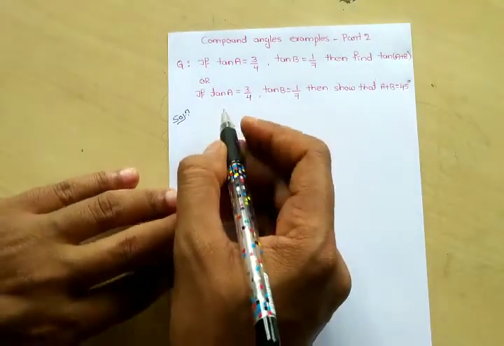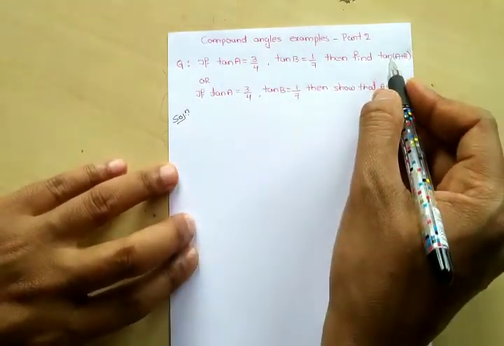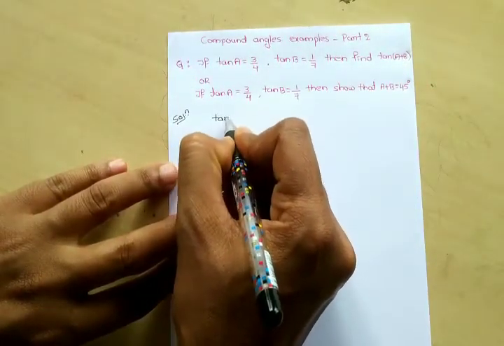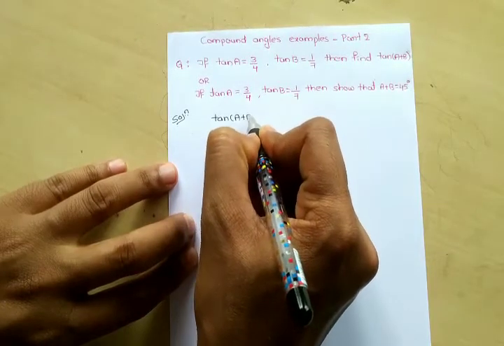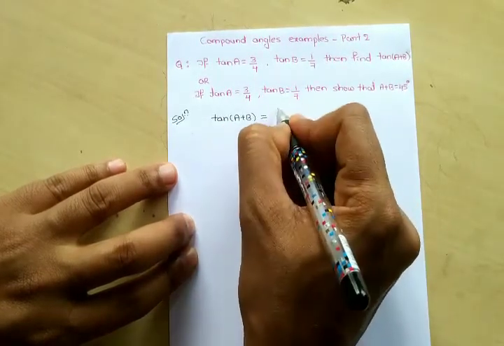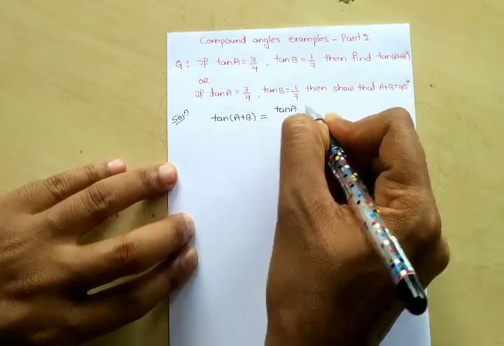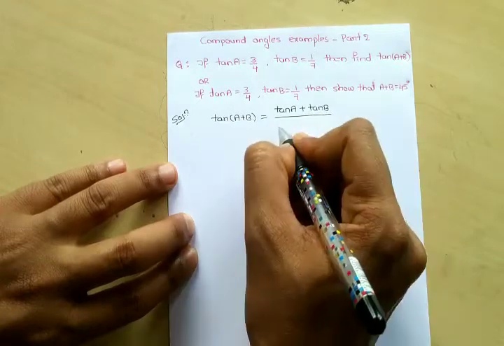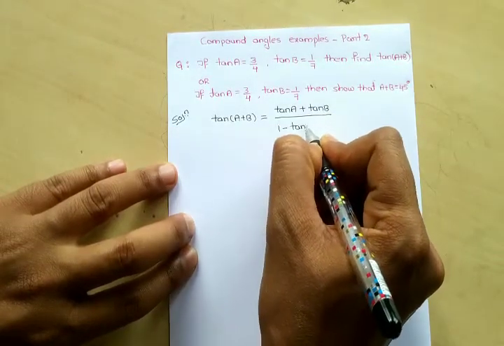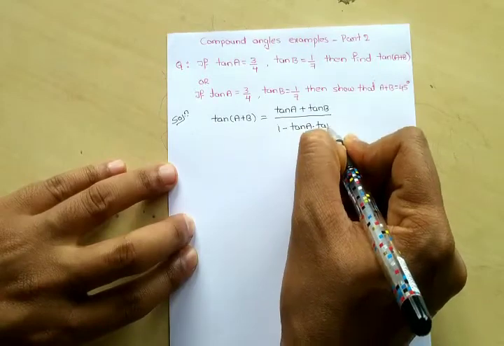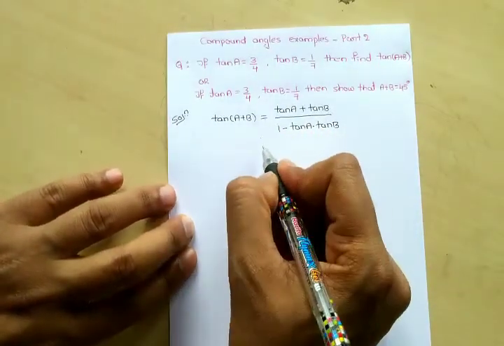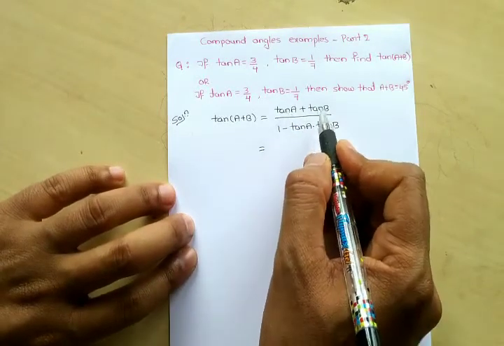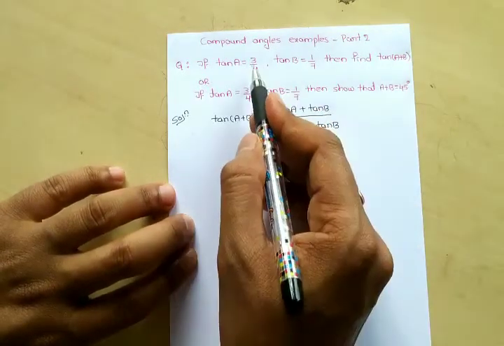So first you need to apply the tan(A plus B) compound angle formula. You know, tan(A plus B) is equal to, what is the formula? Tan A plus tan B divided by 1 minus tan A into tan B. Okay, so next on the RHS side, you substitute the tan A and tan B values.